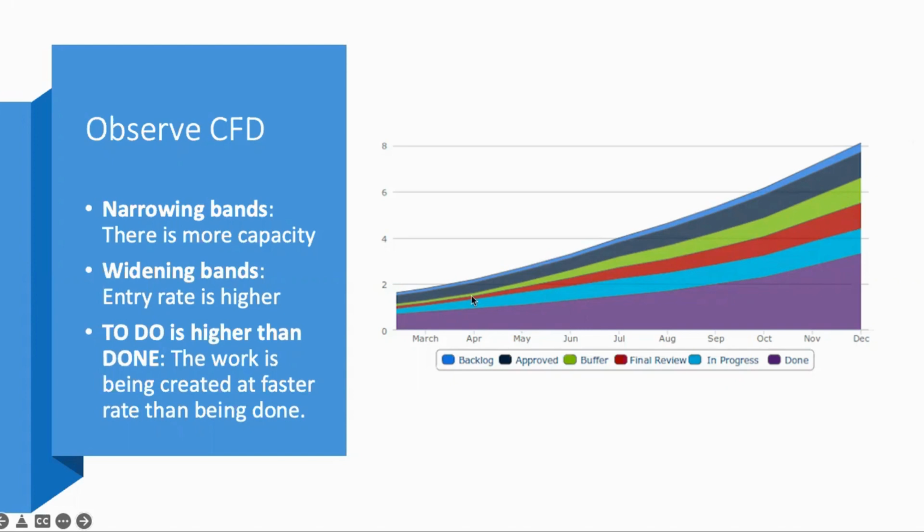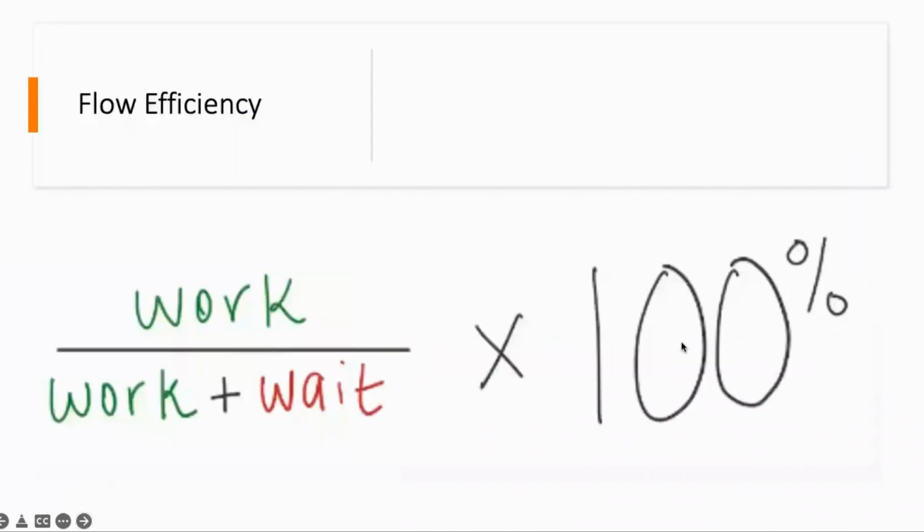So the cumulative flow diagram is one of the metrics in Kanban that helps you assess whether your flow is smooth or whether you have to do something about it. Another metric in Kanban is the flow efficiency metric.